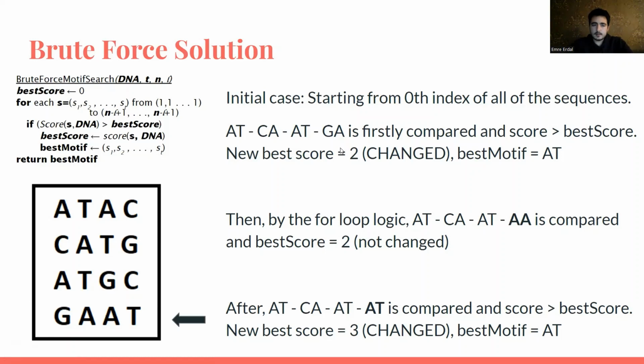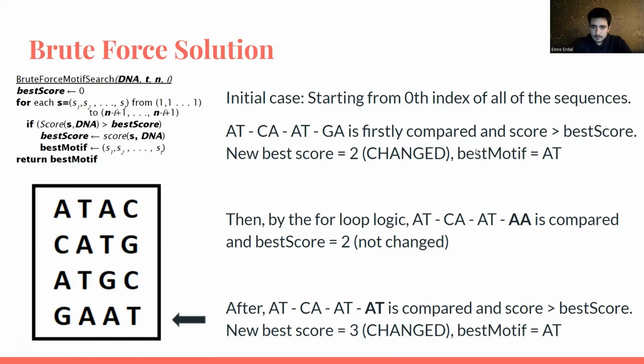The best score is assigned zero initially, and when the score is higher than the best score, the new best score is two in the initial stage. In the first comparison, I mean, it has changed to two, and the best motif can be found as AT. And then by the for loop logic, it continues like that.